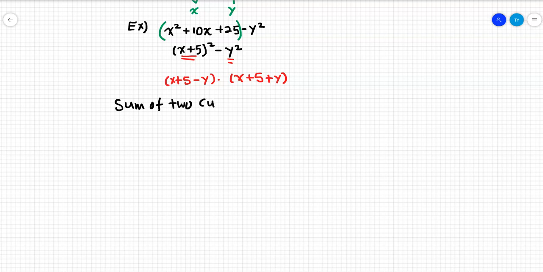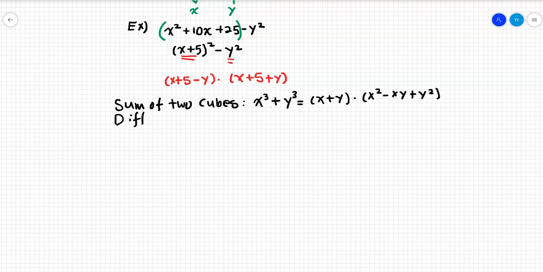Just like the difference of squares, this one has a formula. If I have x cubed plus y cubed, then you're going to have x plus y times x squared minus xy plus y squared. That's the formula.